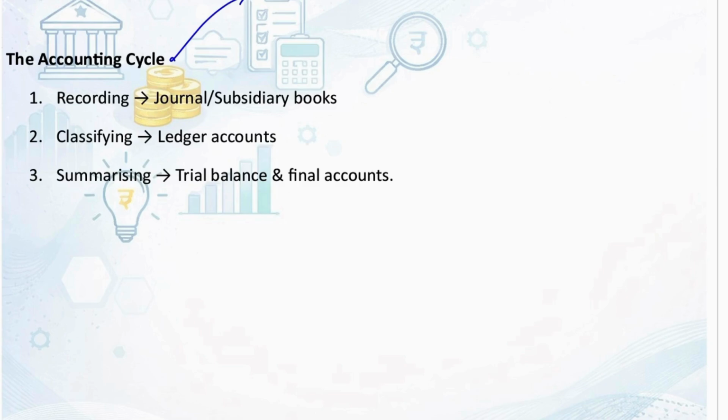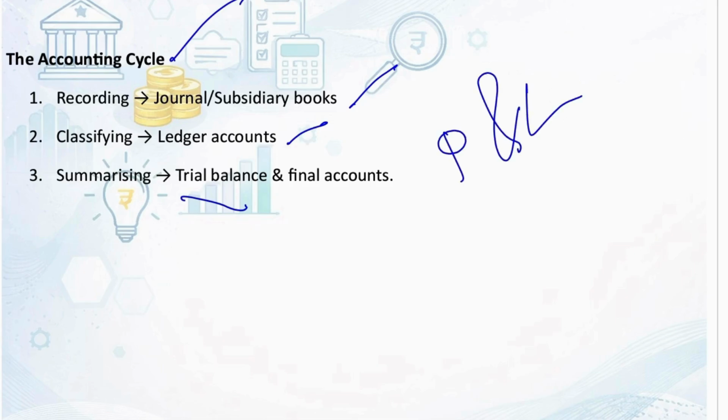First, transactions are recorded in a journal. Next, they are classified into the ledger based on the nature of the transactions. Finally, we summarize everything into a trial balance and final accounts to determine the profit or loss of a company.